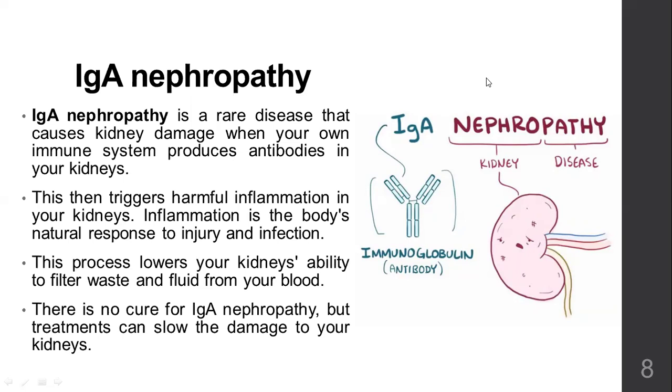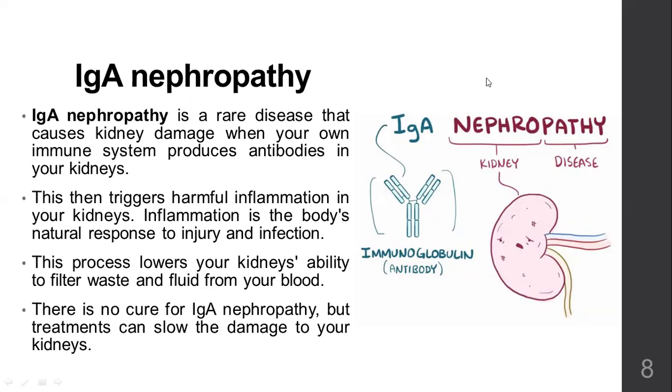It's a rare disease caused by kidney damage, where your own immune system is producing antibodies in your kidneys, and these antibodies are fighting your own kidney. In lupus, antibodies are not produced as such. Your own white blood cells may go and attack the kidneys. But here antibodies are produced. An immunoglobulin is an antibody.